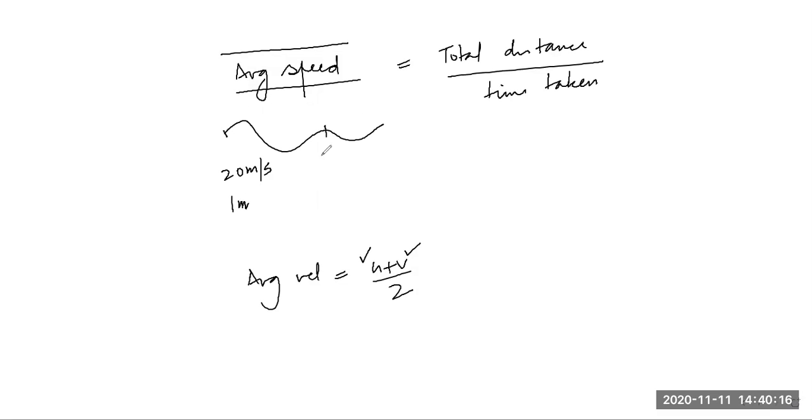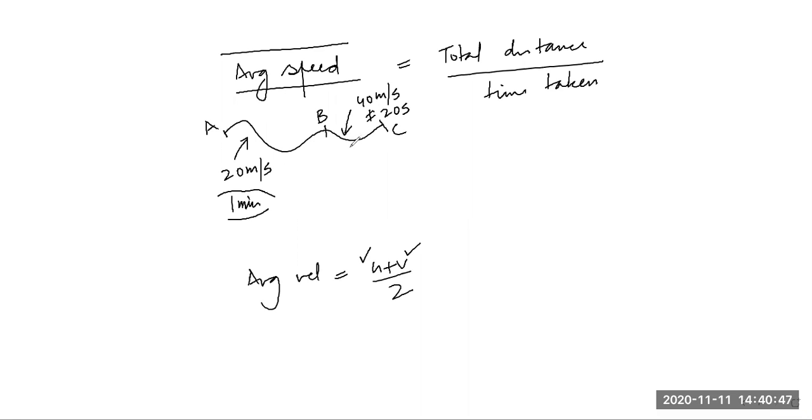Then he has traveled this much distance from A to B. Person traveled with 20 meter per second for how long? 1 minute. Now here the speed was increased to 40 meter per second only for 20 seconds. Now, from B to C, we want to calculate the average speed.